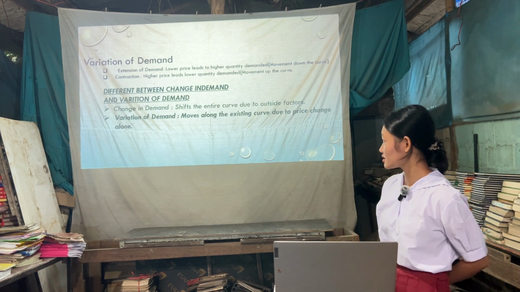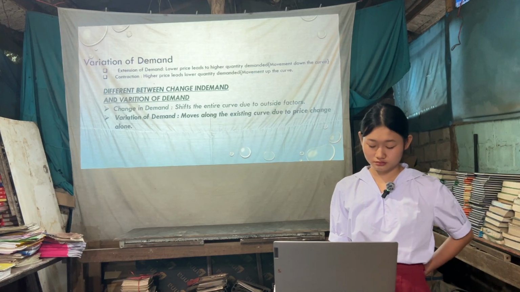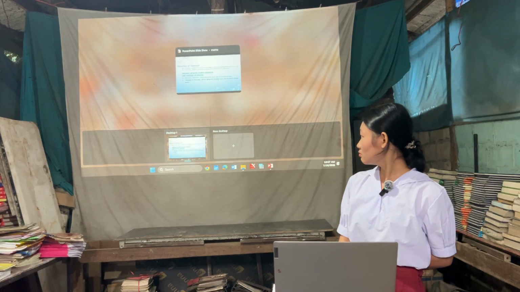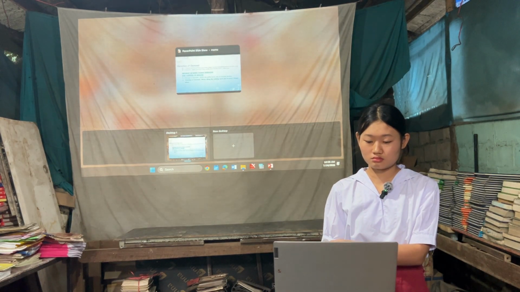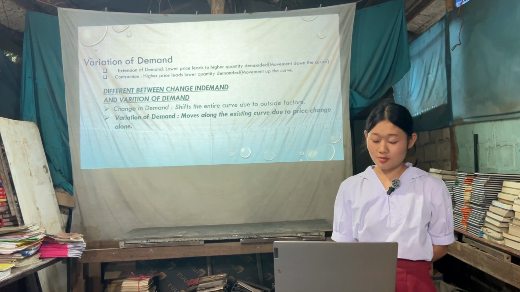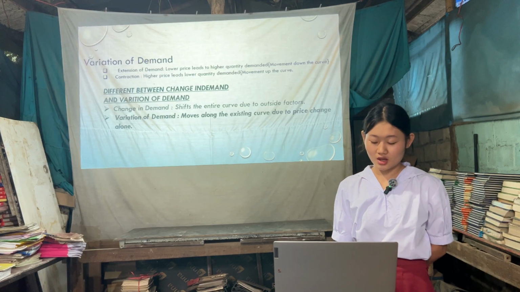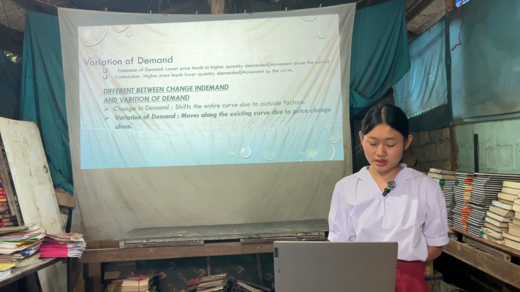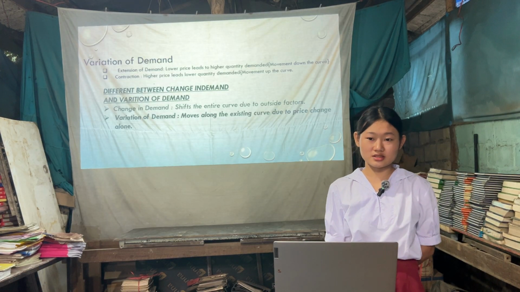Extensions and contractions: movements up or down along the exact same curve. The price changes in the product price only, like the store putting items on sale or raising its price.